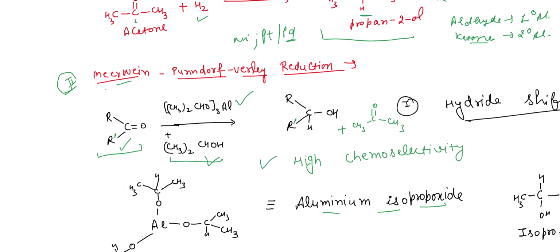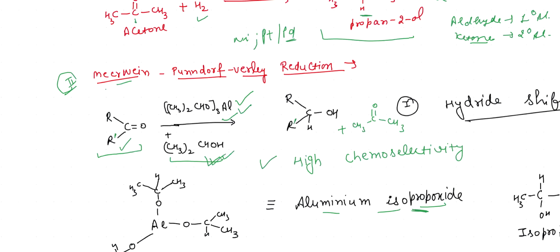Always you should choose the aluminium alkoxide and the solvent that should be the same. Like there are three carbons in this aluminum isopropoxide. Similarly, the solvent we have taken is isopropanol.